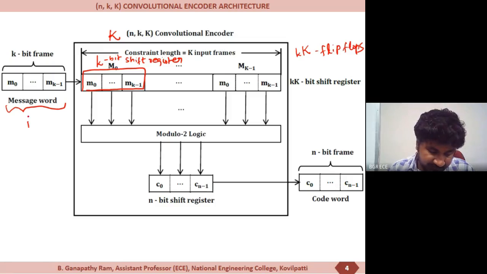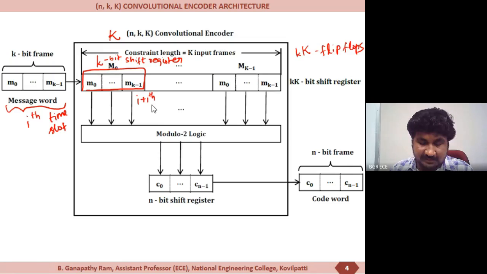Suppose this is the message word of the ith time slot, then this will be the I minus 1th time slot, and this will be the content at the time slot I minus K plus 1.